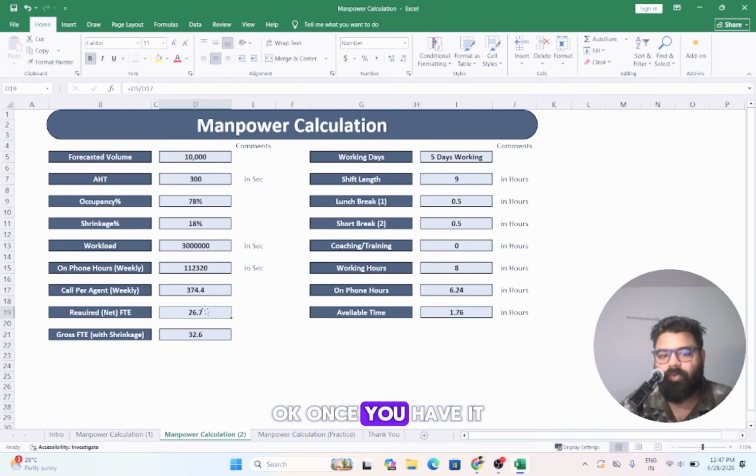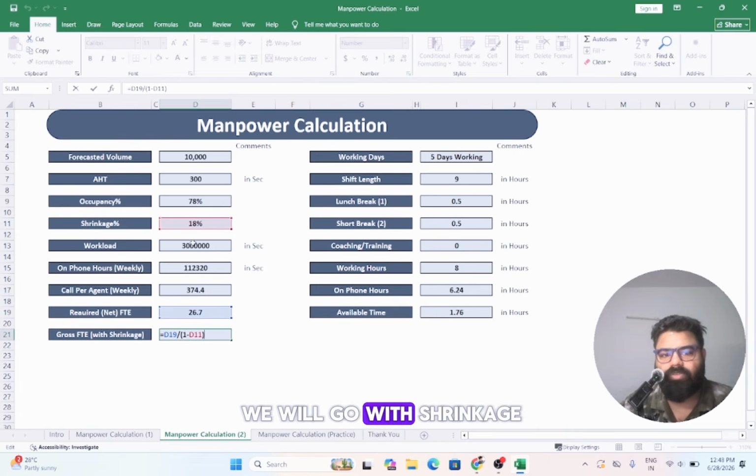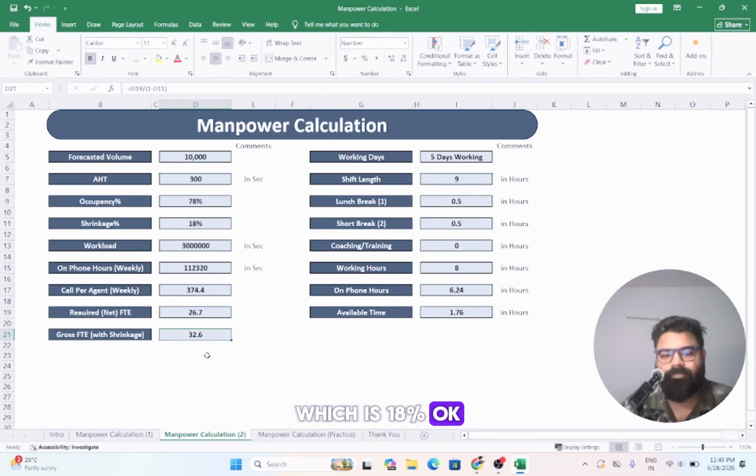Once you have it, you will see your required net FT. Similarly, we will go with shrinkage, base FTE divided by 1 minus your shrinkage, which is 18%. So this is how we can calculate in a different way. If you see, our numbers match our previous calculation.